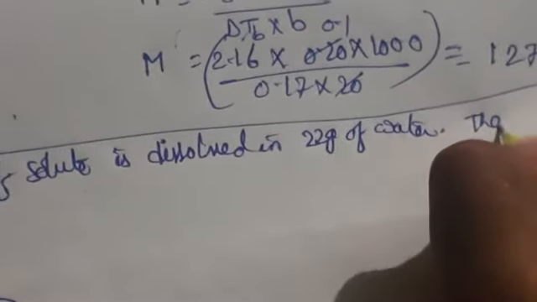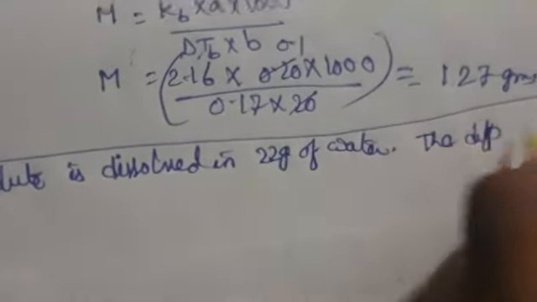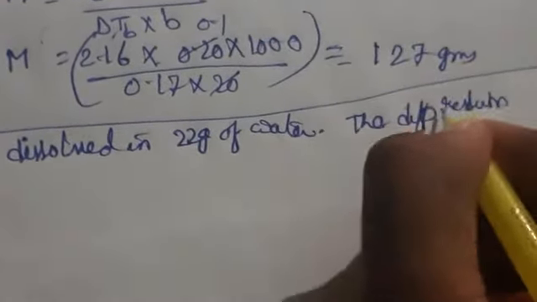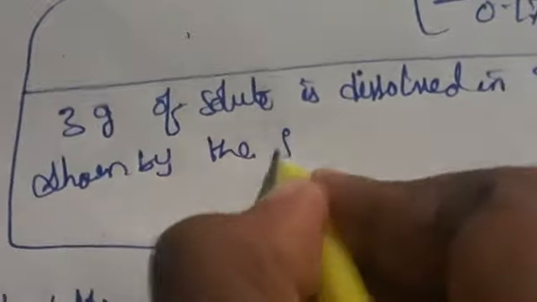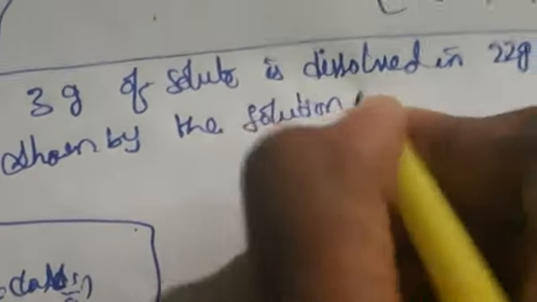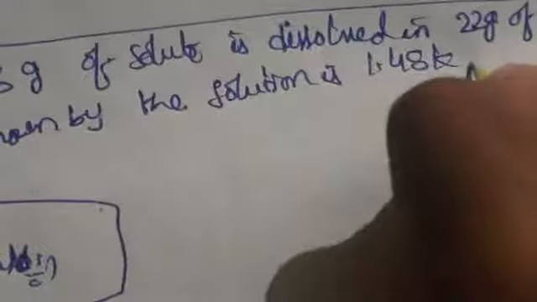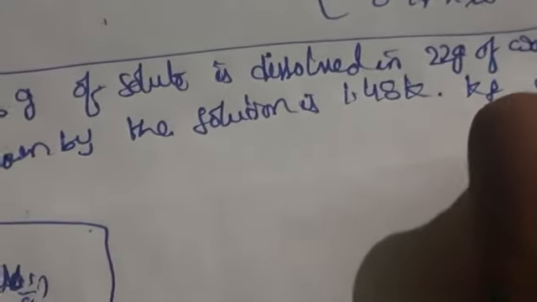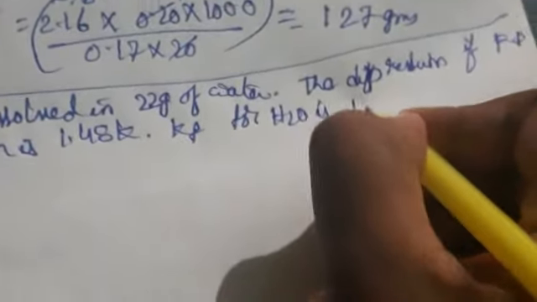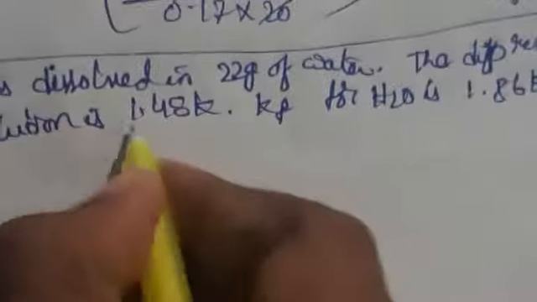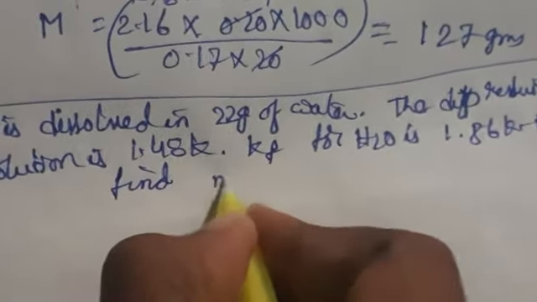The depression in freezing point shown by the solution is 1.45 K. Then Kf for H2O is 1.86 Kelvin kg per mole. Find the molar mass.